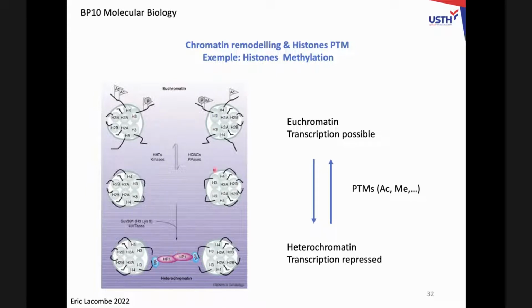So we are shifting from an open state of chromatin, and the fact that HP1 can interact with itself means everything will be compact. This is one of the molecular mechanisms of compaction. Okay. So can you really understand the link between histone tail post-translational modification and chromatin condensation? Is it okay for you?